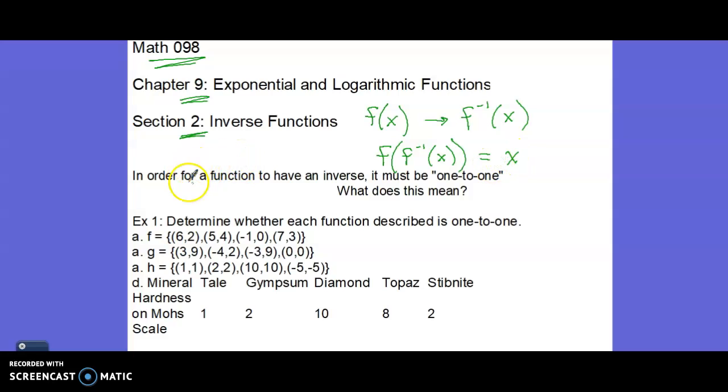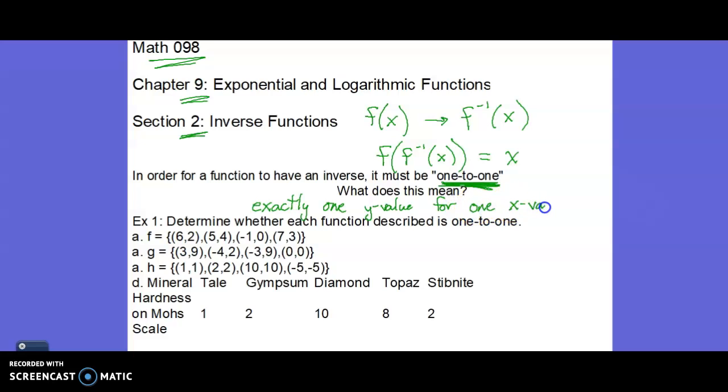But in order to have a function have an inverse, it must be 1-to-1. But what does that mean? You'll hear the phrase over and over again, or you'll read it in the book, of being 1-to-1, and that means there's exactly one y value for each one x value.